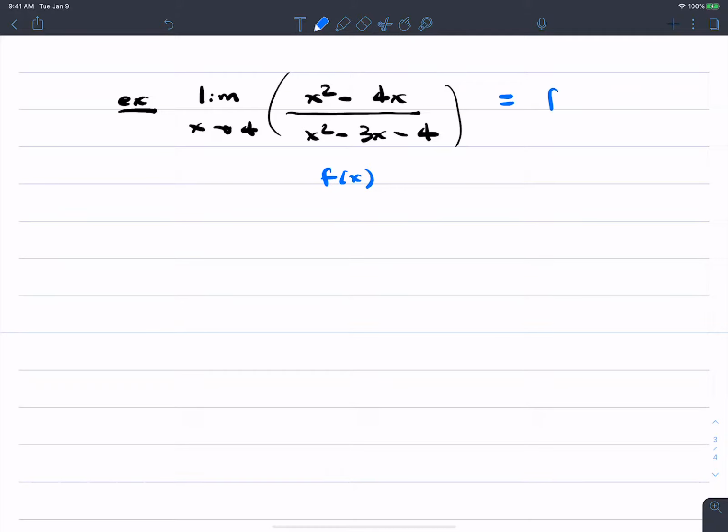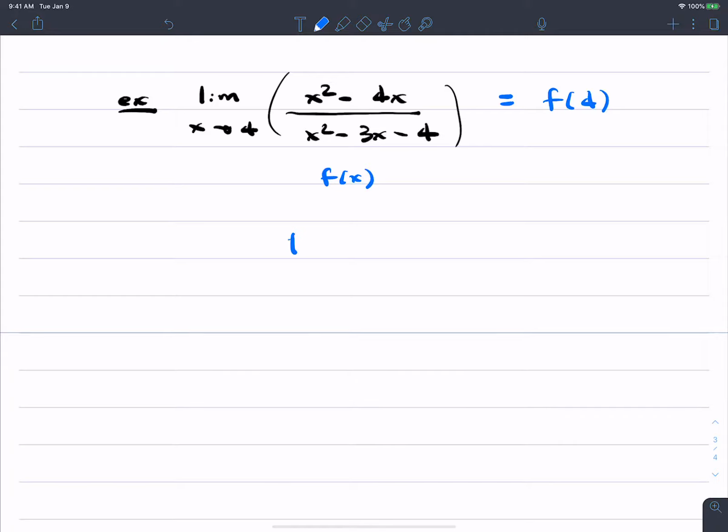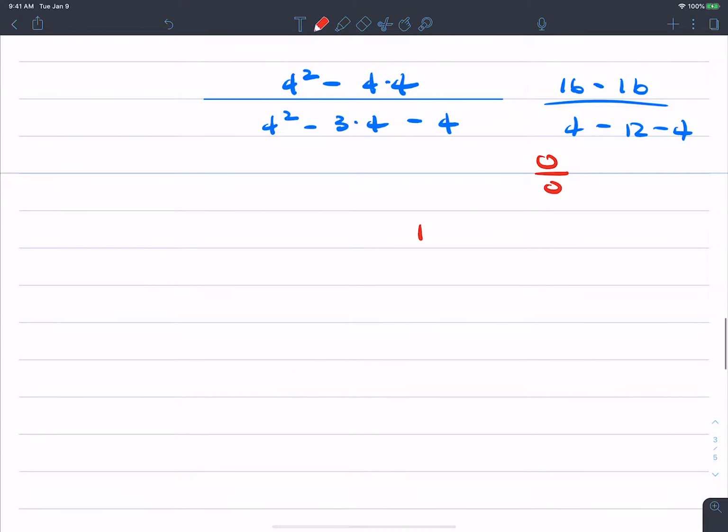So by direct sub, f of 4, let's see what happens. Plug in 4, you get 4 squared minus 4 times 4 over 4 squared minus 3 times 4 minus 4. That gives you 16 minus 16 over 16 minus 12 minus 4, which gives you 0 over 0 again. This is indeterminate.